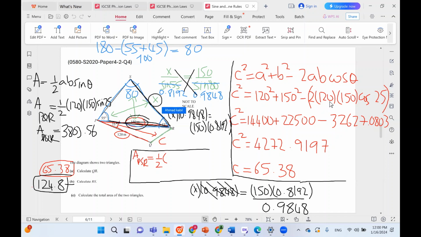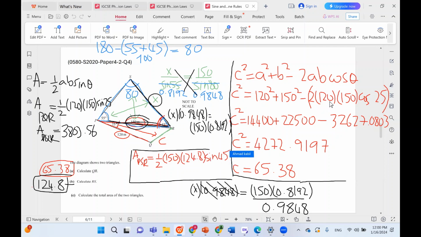This is the X of SR, which is basically what we got in B. So we have two sides, which are 150 for the first side and 124.8 for the second side. And we need the included angle between them, which is this angle here, which is 45. So sine 45.